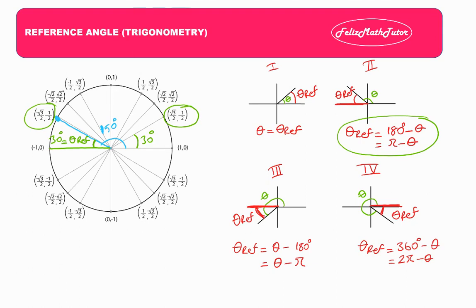The difference is only the signs. Why? Because in the first quadrant we said plus plus. In the second quadrant, minus plus. Third quadrant, minus minus. And fourth quadrant, plus minus.